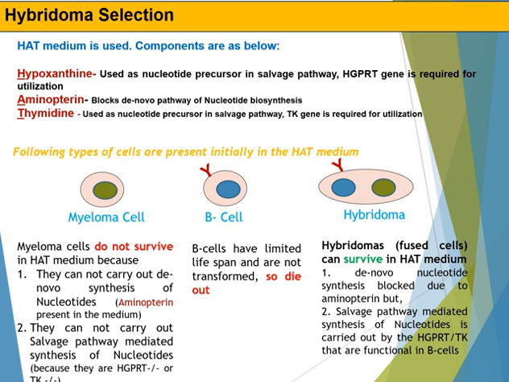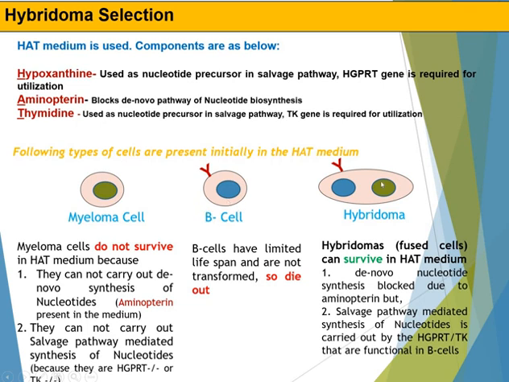Hybridoma cannot utilize the de novo pathway because aminopterin is there, but it can utilize hypoxanthine and thymidine by the salvage pathway for the synthesis of nucleotides because functional copies of TK and HGPRT genes are complemented by the B cell.